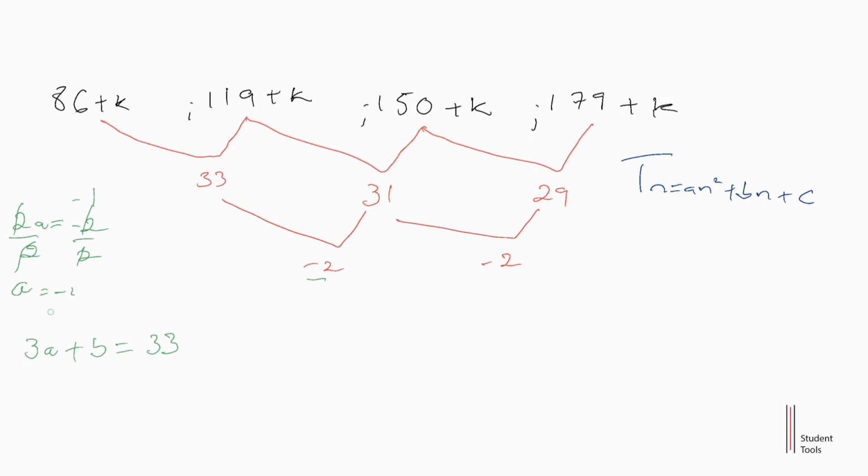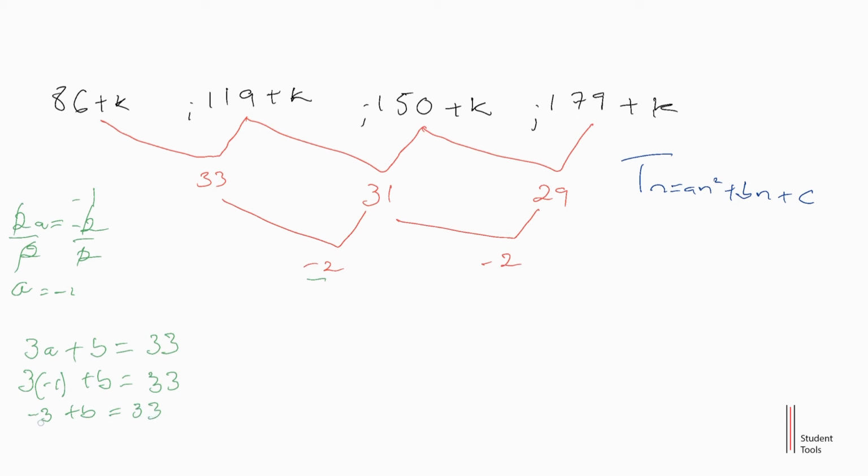So the value of a is negative 1. So what we will do is substitute a with negative 1. 3, here we have negative 1 plus b equal to 33. So here we have 3 multiplied by negative 1, that is negative 3, plus b equal to 33.